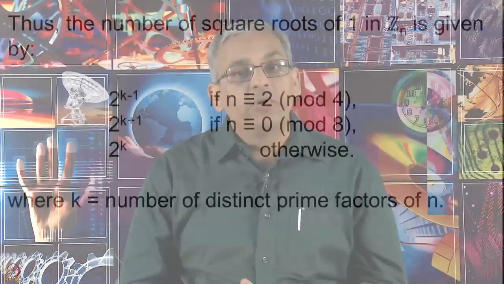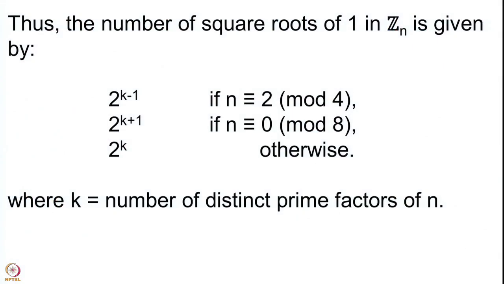So, when we write it in summary, case number 1 is when 2 divides n and 4 does not divide n. In this case we have exactly 2 power k minus 1 solutions. Here either n is odd or 4 divides n and 8 does not divide n. In this case we have exactly 2 power k solutions, and the last case is where 8 divides n.